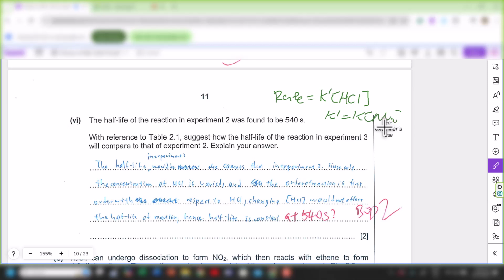Then what you know is t half equals ln 2 over k', and it's ln 2 over k[NO2]. So you notice that the dependency factor is on NO2, not on HCl, because NO2 is in excess in this case. So it substitutes into the experimental rate constant, which is k'.